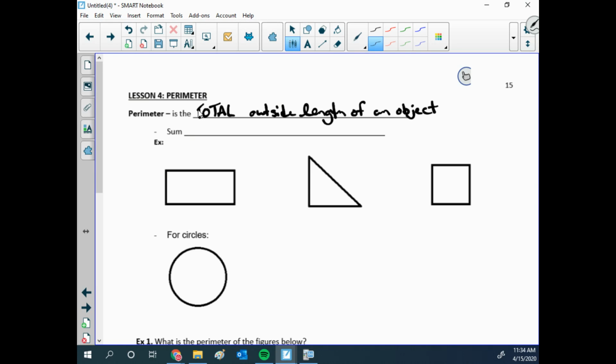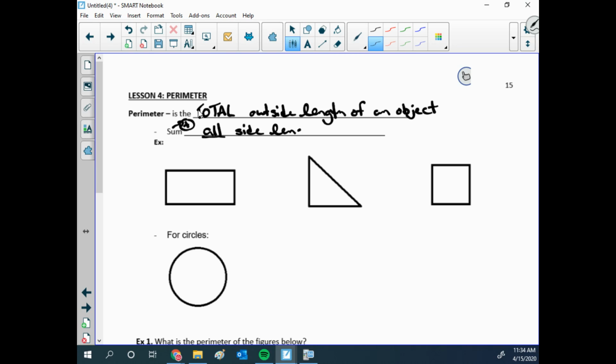And so to find perimeter, if you have a polygon, and a polygon just means a shape with straight sides, what you'll do is you'll sum, and hopefully you know that mathematically sum means add, all the side lengths together.